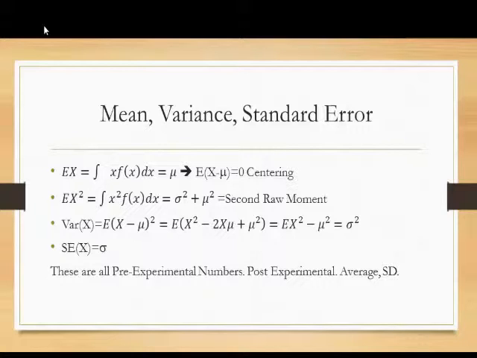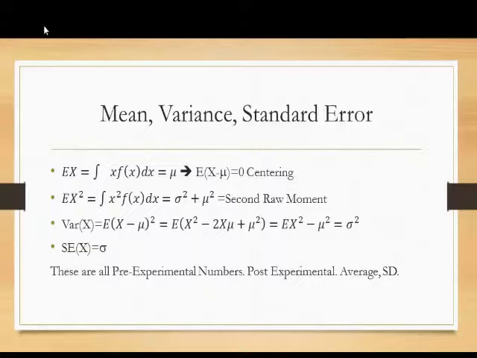So the variance of x is equal to the expected value of (x minus mu) squared, and that is equal to, this kind of calculation is something that you need to learn how to do. When you have x minus mu squared, you can expand it by the standard method. It's x squared minus 2x mu plus mu squared, and then expectation is linear, so you can split it up.